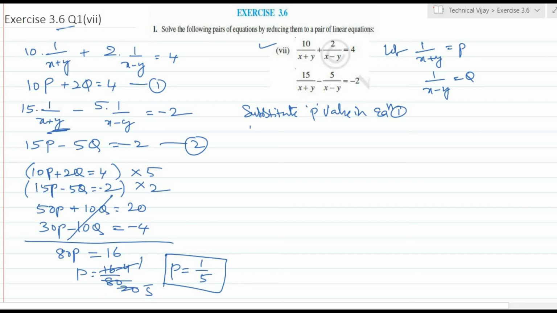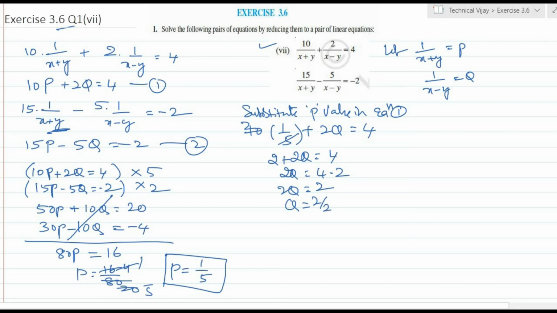So 10 into p, which means 1 by 5, plus 2q is equal to 4. 5 ones are 5, 5 twos are 10, so 2 plus 2q is equal to 4. So 2q is equal to 4 minus 2. So 2q is equal to 2. q is equal to 2 divided by 2, which is equal to 1.